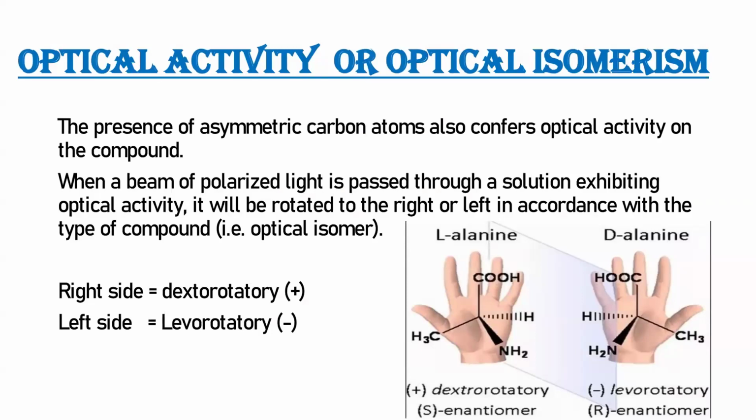That is the meaning of optical isomer. Those compounds that can rotate polarized light to the right or left are considered optical isomers. Those that rotate to the right are called dextrorotatory, and those that rotate to the left are called levorotatory.